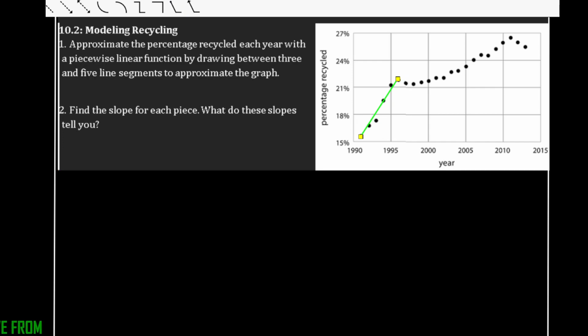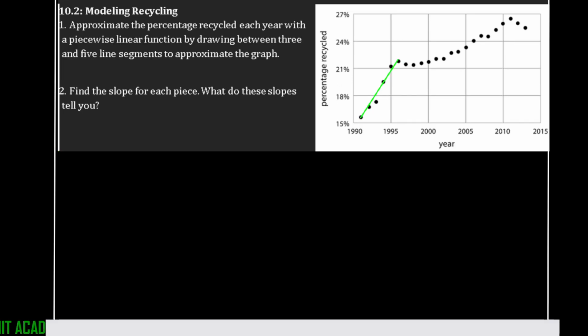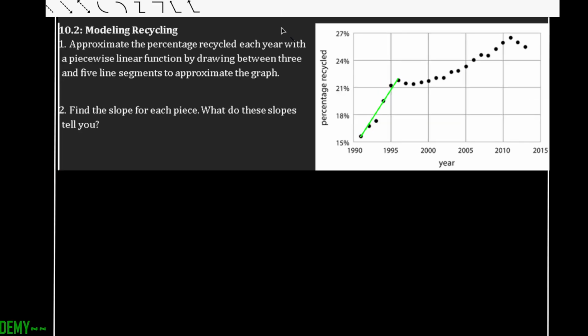I can do a different line and say, let's say from 1996 to 1999. So let's do these three. Let's try that again, but from these three. And then I can do, let's do red this time.